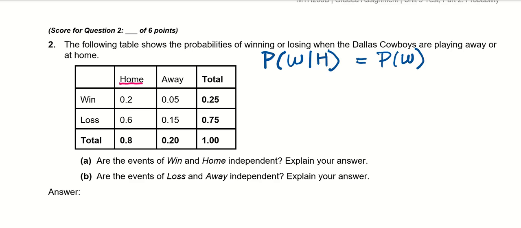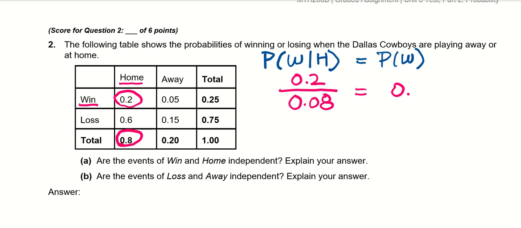Okay, at home, wins is 0.2, over the total games played at home, is equal to 0.25. And that is equal to the probability of wins. We're going to get that from the table.